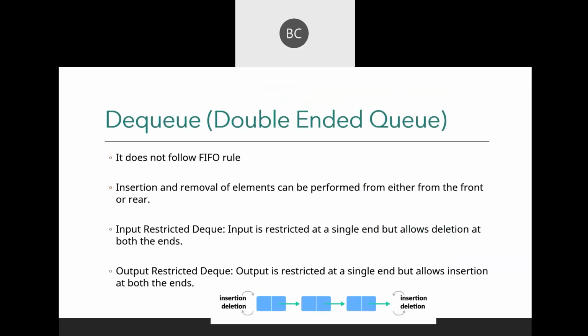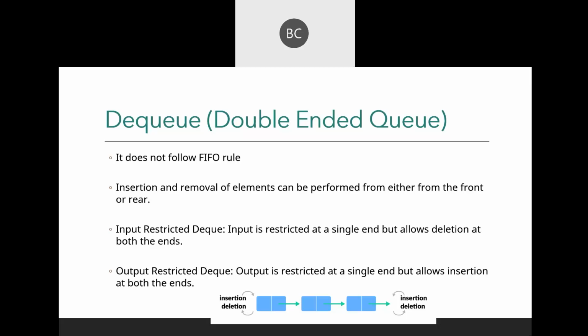Next is the dequeue. Dequeue is also known as double-ended queue. Dequeue will not follow any type of default rule at all. In case of a double-ended queue, what happens?